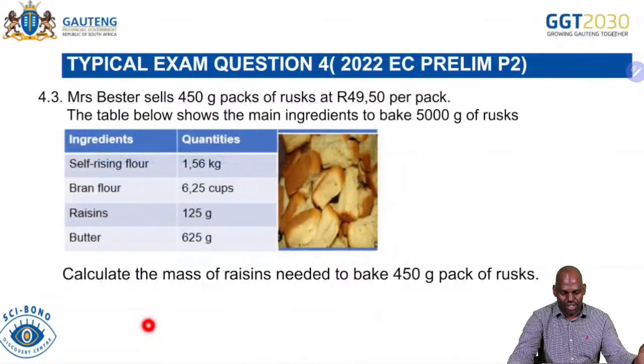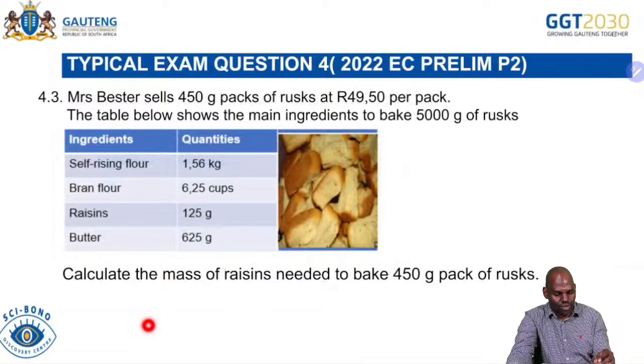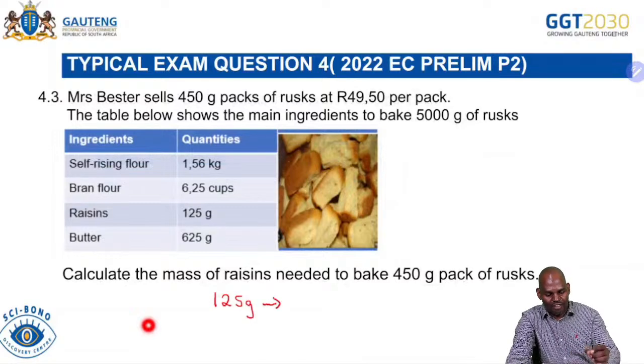calculate the mass of raisins needed to bake 450 gram packs of rusk. So for this one we need the 125 that is given, 125 grams. Remember, it's for 5,000 grams.